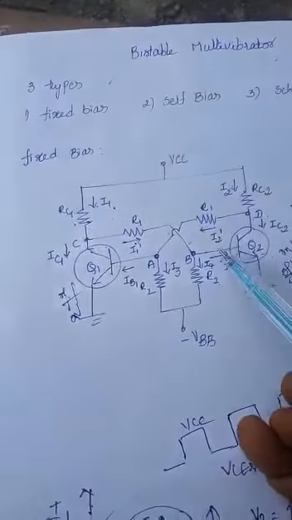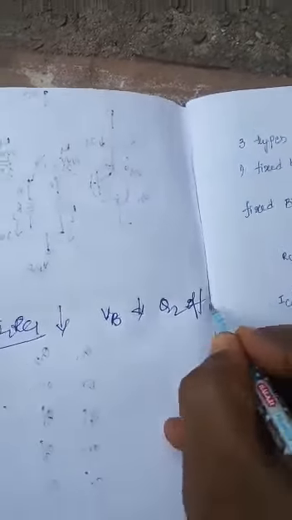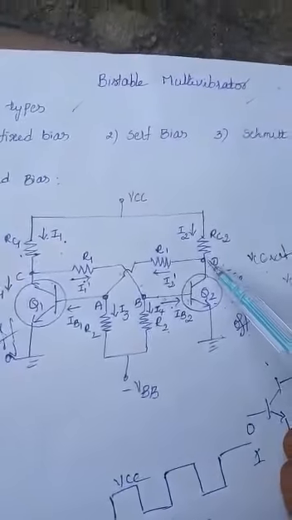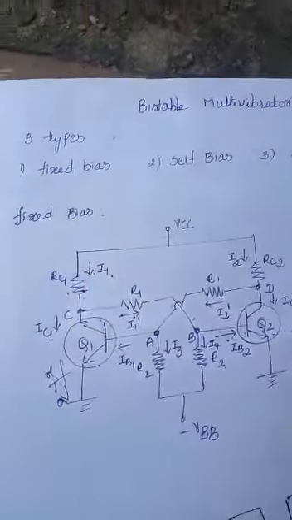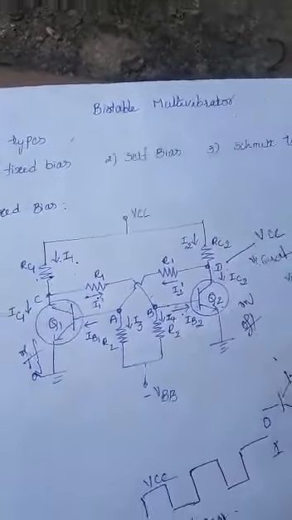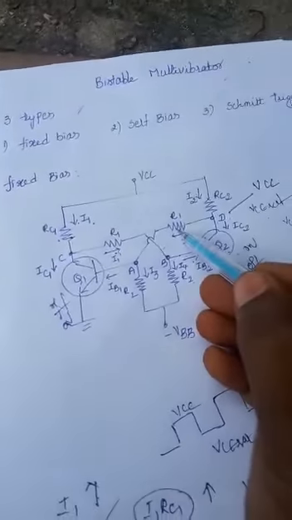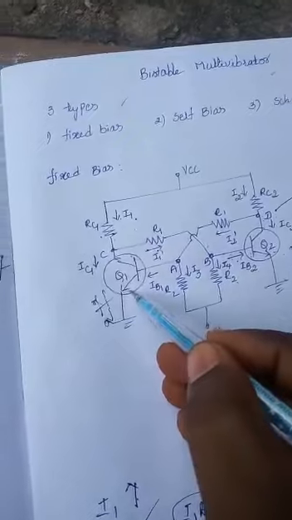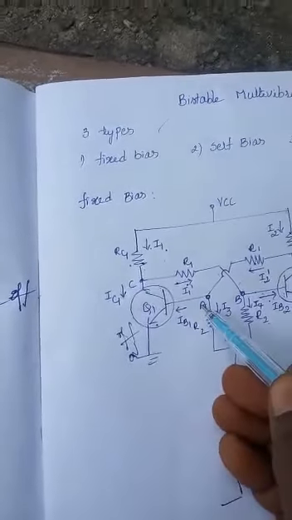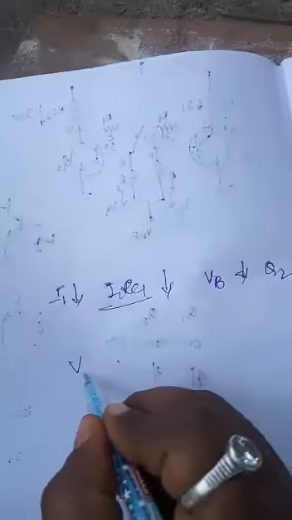Now the VB value decreases. Now as VB decreases, the Q2 transistor is in off condition. Whenever Q2 is in off condition, the voltage at node D is VCC. Now that VCC is passing through the R1 resistor to the base of Q1, so the voltage at VA is VCC.